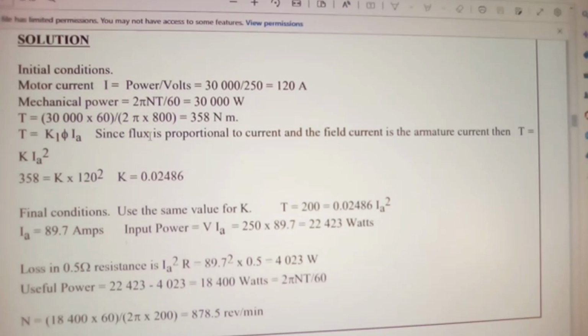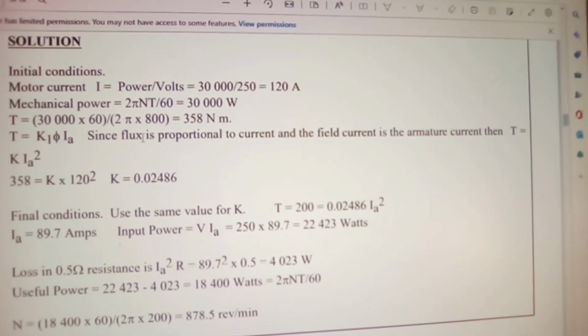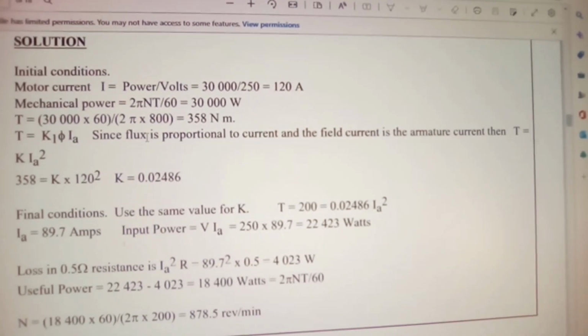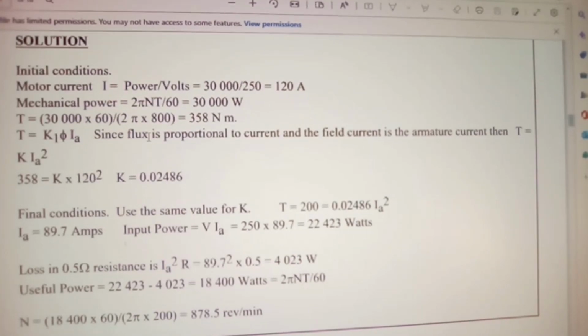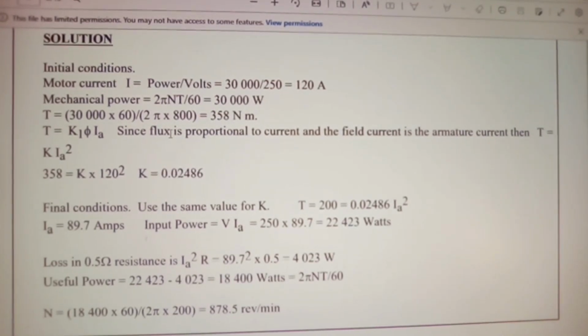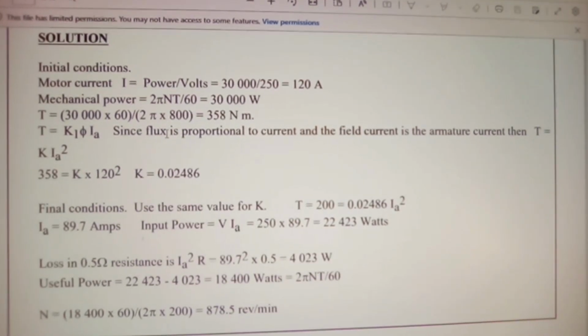K is going to equal 120 squared over 358. Let's try that and see what it gives me. No, that won't give me that either.